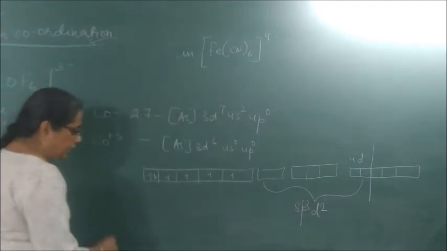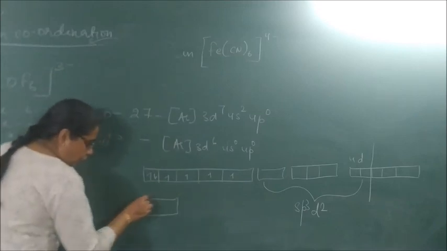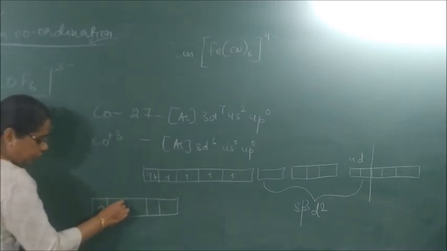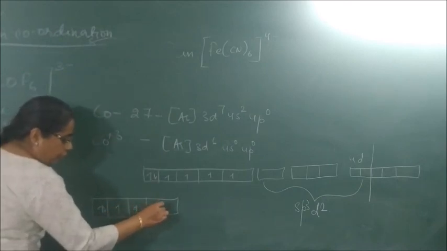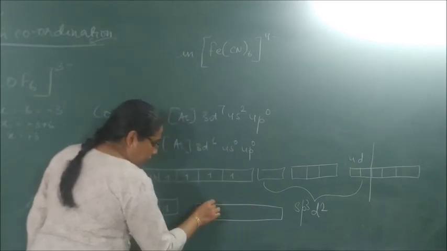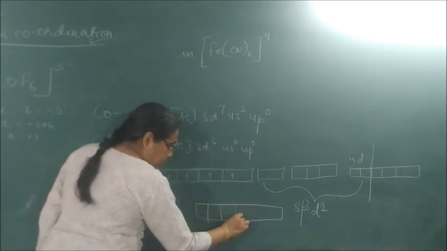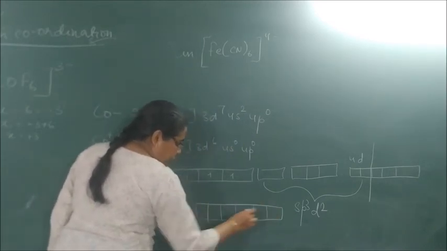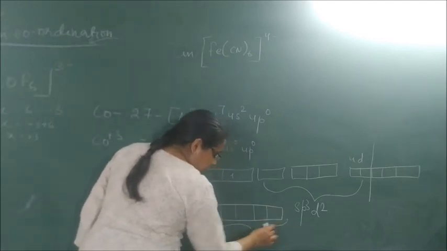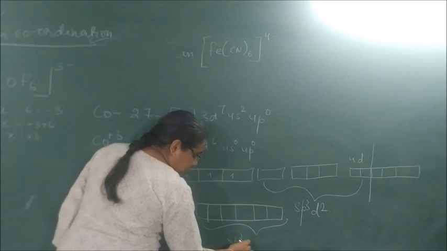So how will I write the orbital diagram of [CoF6]3-? 1, 2, 3, 4, 5, 6. Then I will add all this up: s, p3 and d2, 1, 2, 3, 4, 5, 6. What is this hybridized orbital called? sp3d2.